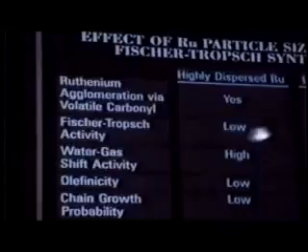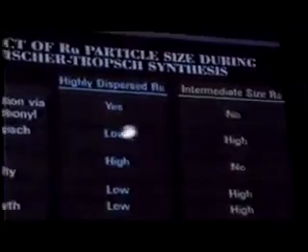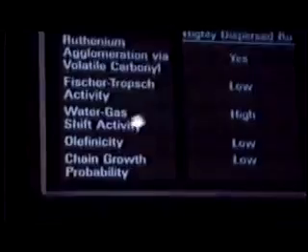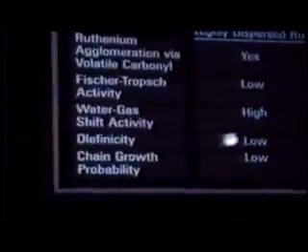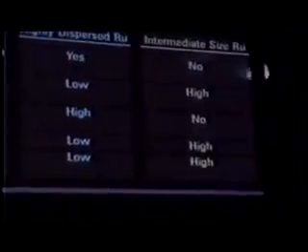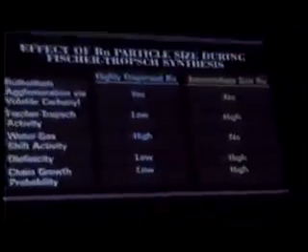Highly dispersed ruthenium has low Fischer-Tropsch activity relative to intermediate size ruthenium, 30-70 angstrom. Highly dispersed ruthenium on alumina catalyzed the water gas shift reaction. Intermediate size ruthenium catalyst did not. The olefinicity was low and the chain growth probability was low with highly dispersed ruthenium catalyst relative to intermediate size ruthenium particles.